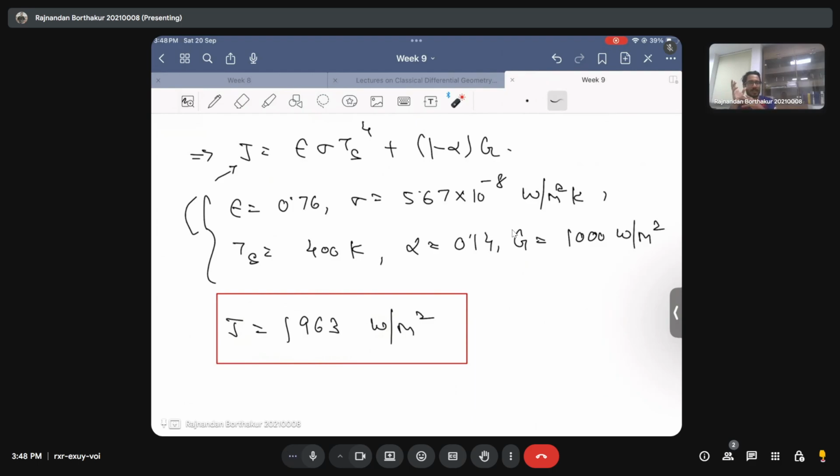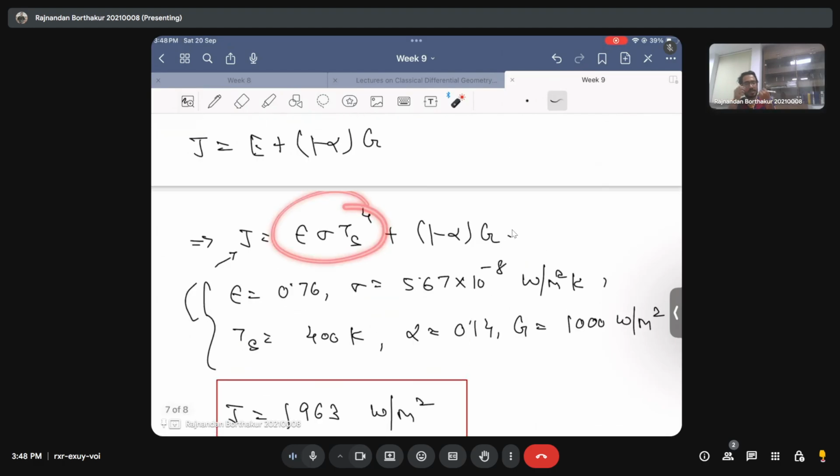So you can infer that the radiosity is comprised of the emission owing to its own surface temperature, which you can individually calculate and then quantify.